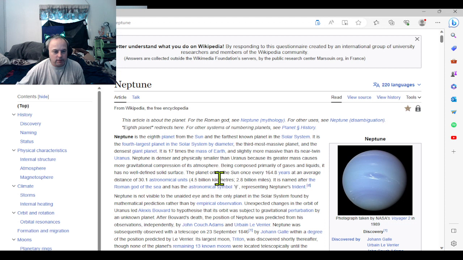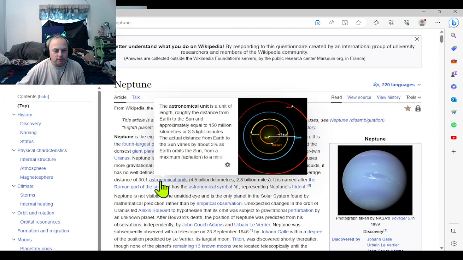Which I believe 30 astronomical units is how many light years? One AU, let's see, Earth to Sun, is approximately 150 million kilometers, or 8.3 light minutes. The actual distance from Earth to Sun varies. Yeah, the distance from the Earth to the Sun is what they're calling an astronomical unit.